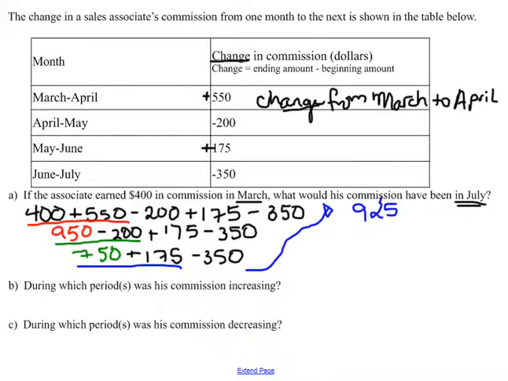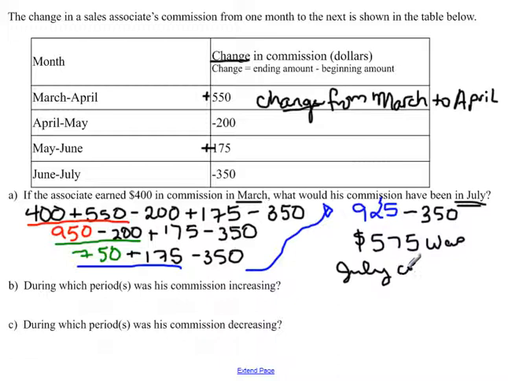But we still have to bring over that minus 350. That's the last part we have to do. That was a big drop there. And then our last problem, 925 minus 350. If we work that out, we come up with 575. So this would have been the commission in July.